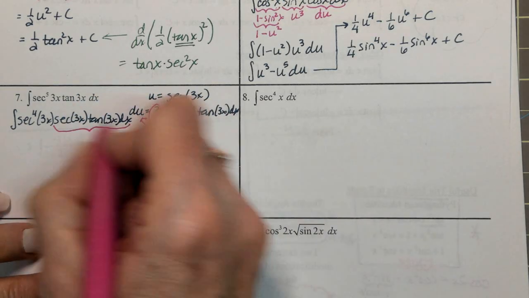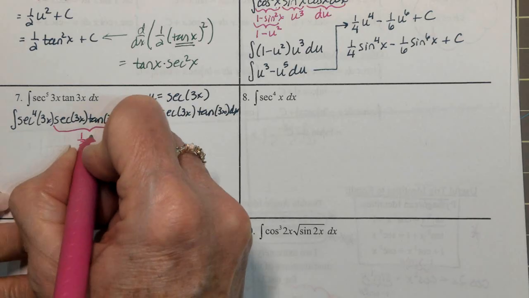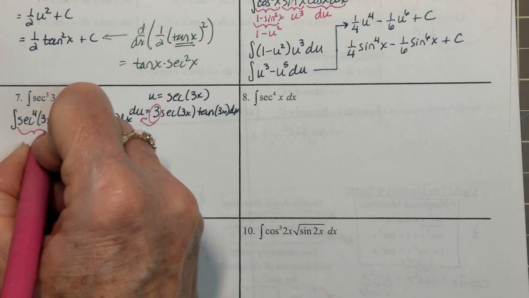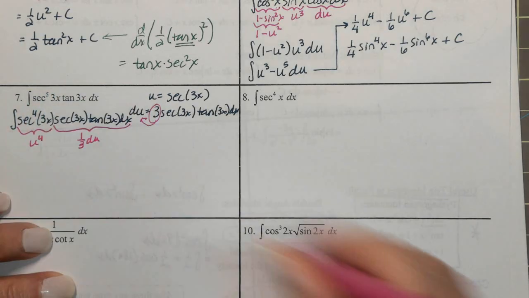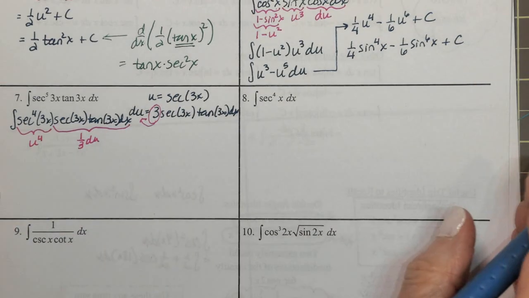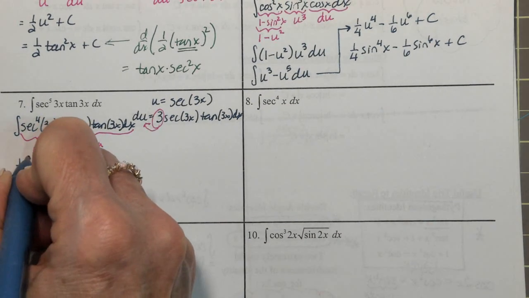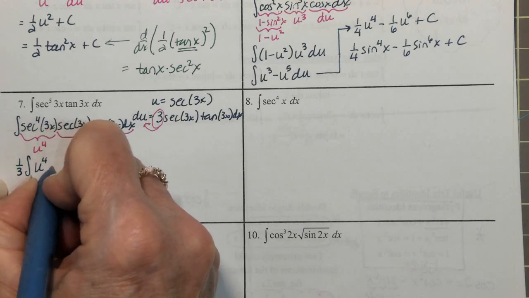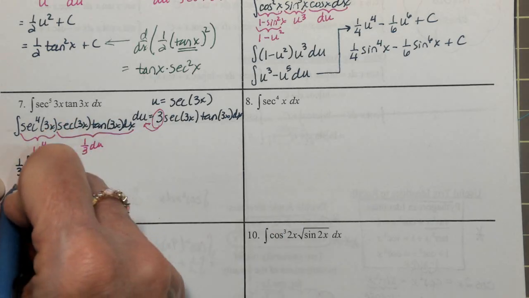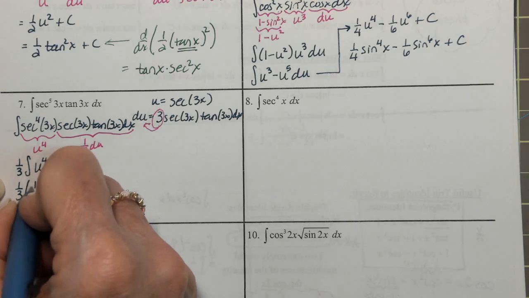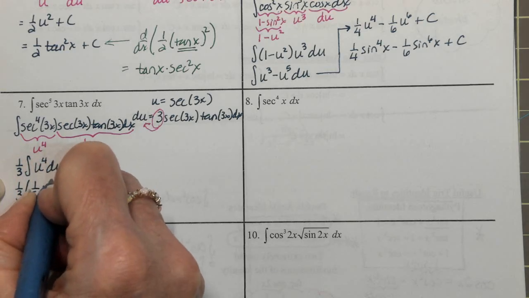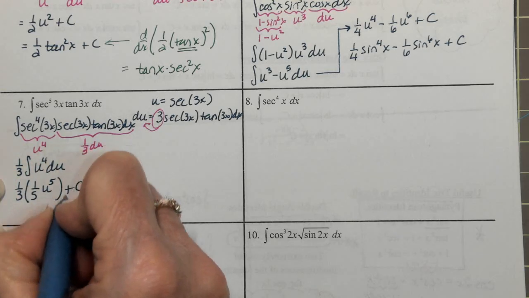In place of that, I am putting 1/3 du. In place of this, I'm putting u to the 4th. Okay? So we will have as an integral 1/3 the integral of u to the 4th du. That is 1/3 times 1/5 u to the 5th plus c.